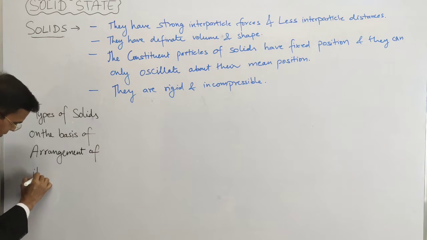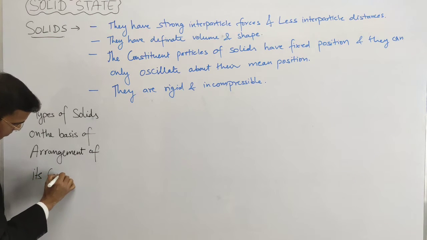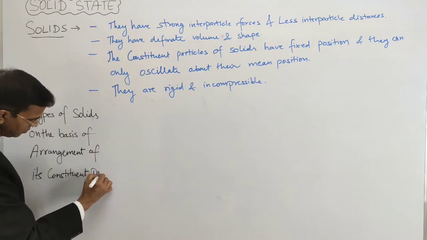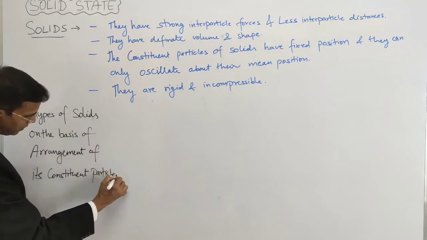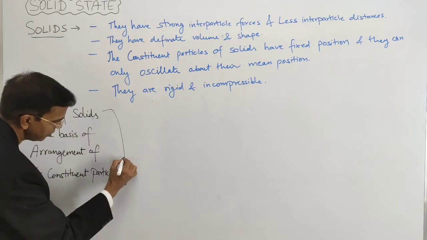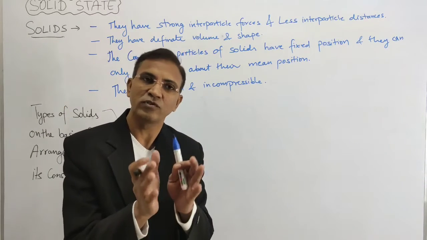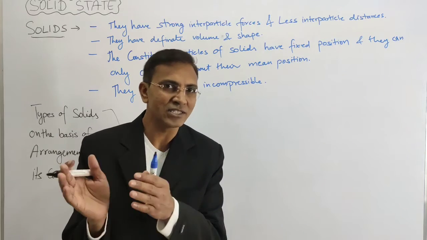So mainly on the basis of the arrangement of constituent particles, they are of two types, amorphous and crystalline.